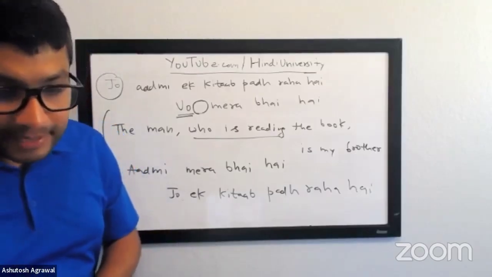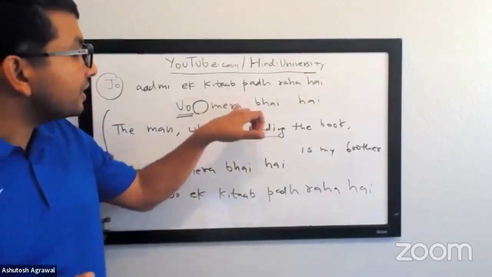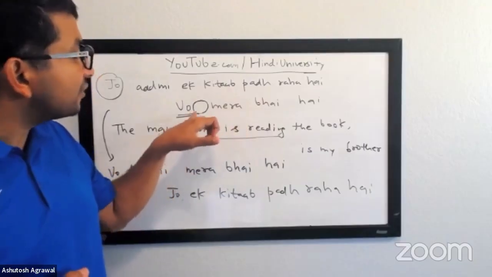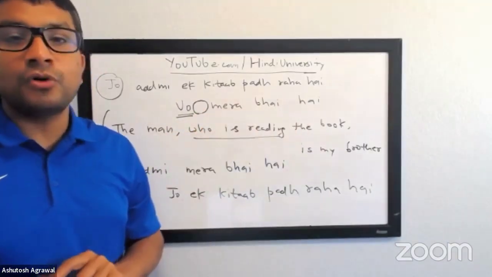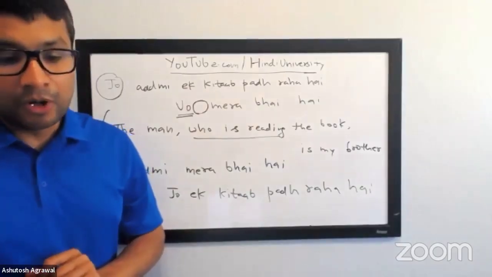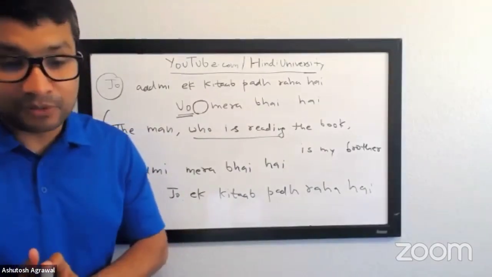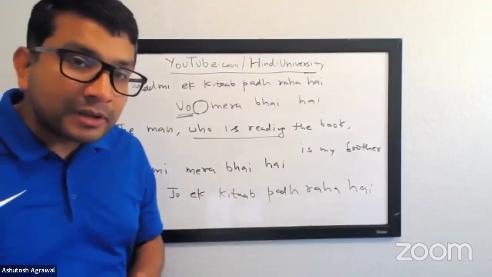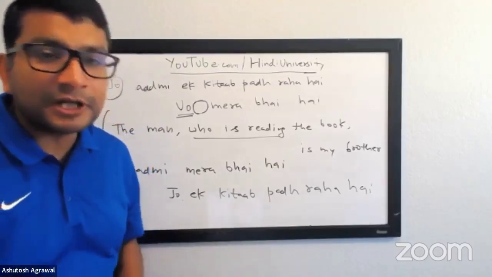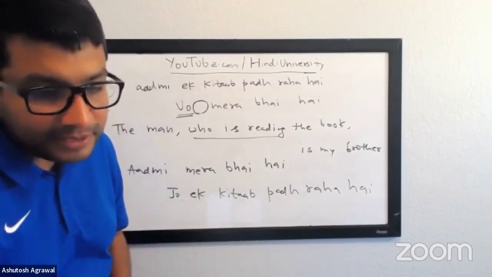You will not be able to make any sense of it unless you know the context, that the speaker wants to say something about that person, like वो मेरा भाई है, और वो traveler है, और वो एक professor है, या वो एक poet है. If you don't know anything about the main clause, just the relative clause on its own is not going to give you any information.